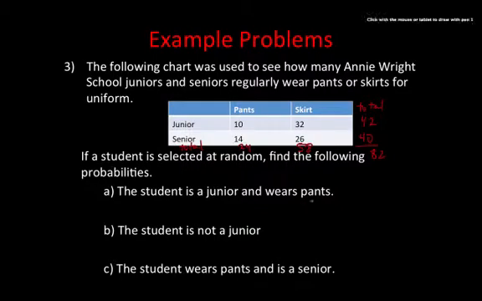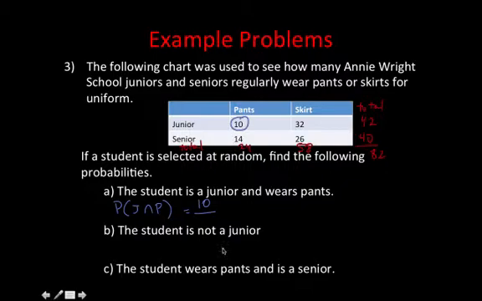Okay, so now I think we can do the problem. So if I want to know the probability that a student is a junior and wears pants, all I have to do is look at my table and my answer is right there. Right here, this number 10 is the number of students that are juniors and wear pants. So 10 goes in my numerator.